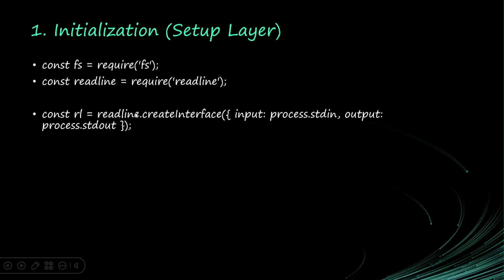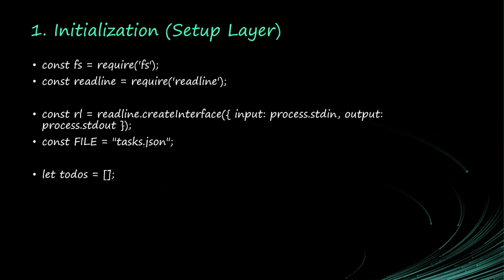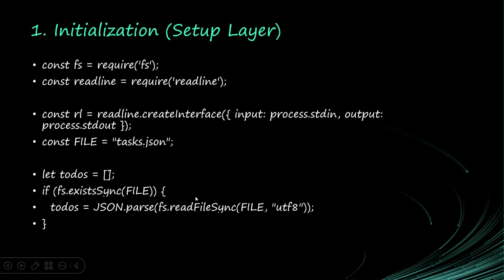So we will create the readline interface, like you have already seen. In this case, there is a file created here. All right, then the to-dos, but we didn't create this file. We chose another method. All right, so you can also create the file, and then we are checking. So this is just initialization in a different way, but our own initialization is different. But this is another way of initializing the program.